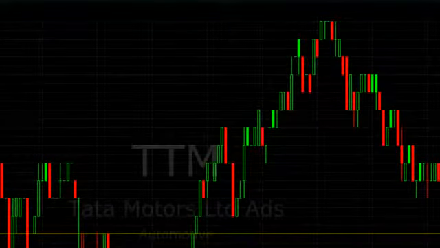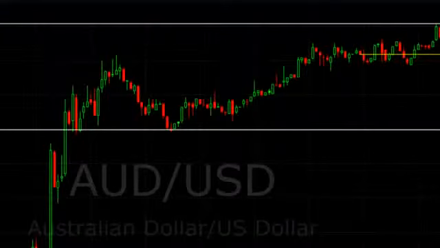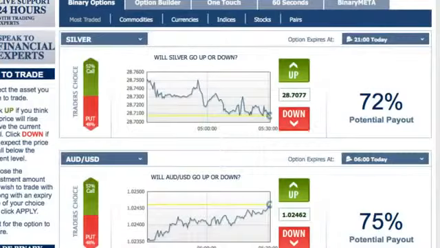Actually, this only shows me stocks. It's okay. So you can see here with silver, it was trading an hour ago at 28.75 and currently it's trading at 28.71. So this actually doesn't qualify either because the value is smaller than 0.1.